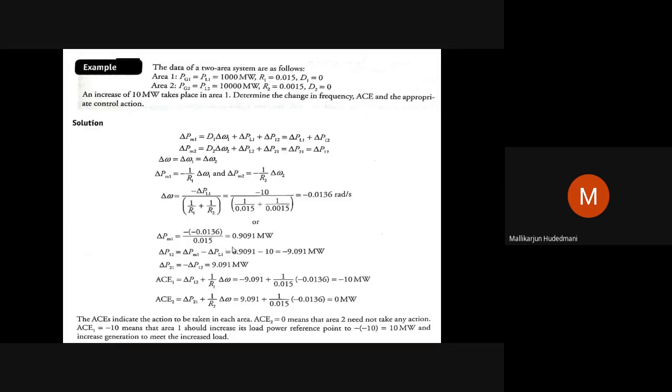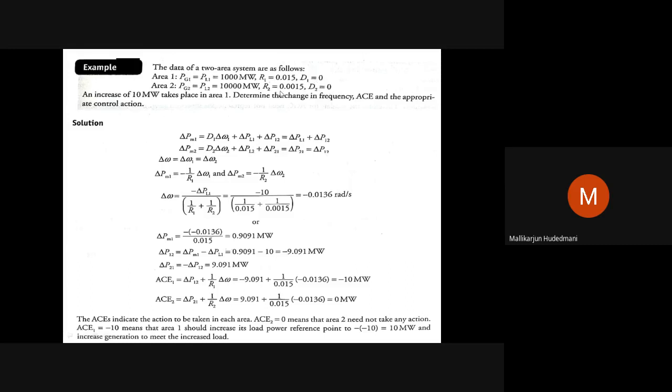Now, when we go to a numerical problem, how does ACE become an important aspect for us to understand? Let us take a problem from Kundur itself. The data of a two-area system are given. Area 1 has PG1 equal to the load, 1000 megawatt, and R1 is 0.015, and the area frequency sensitive loads D1 is 0 and D2 is also 0.